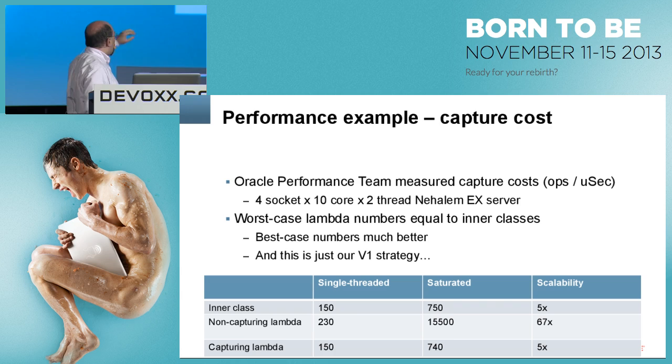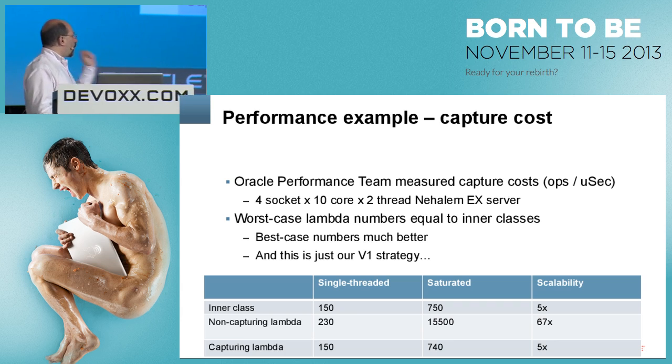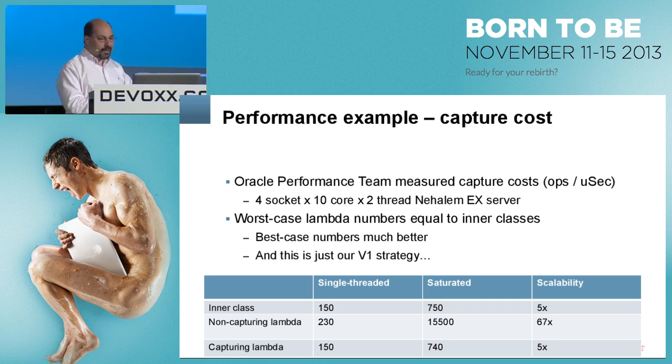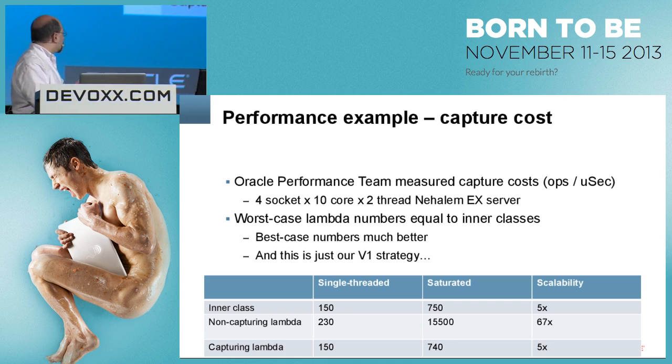And what we measured here is operations per microsecond for just 1 core, allocating either inner classes, non-capturing lambdas, or capturing lambdas. And then the saturated case is spin up as many threads as we have hardware threads and have them all pound on evaluating or instantiating lambdas and inner class instances.